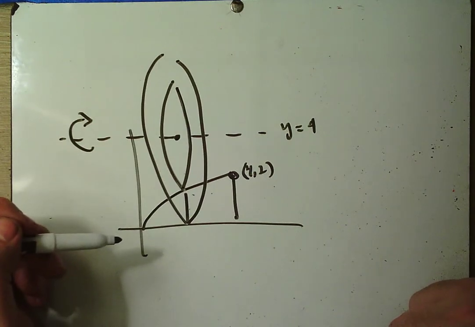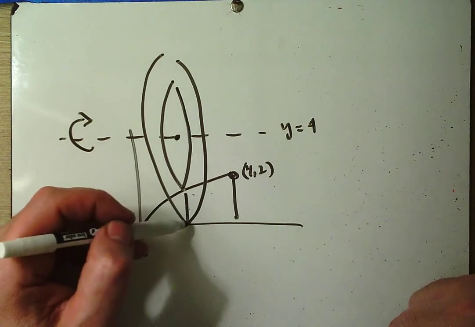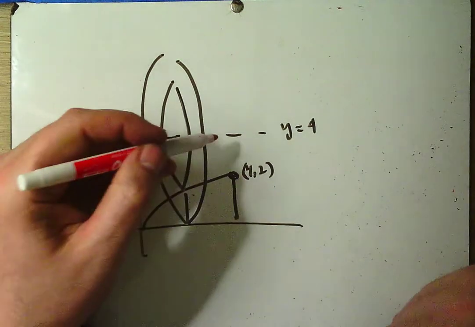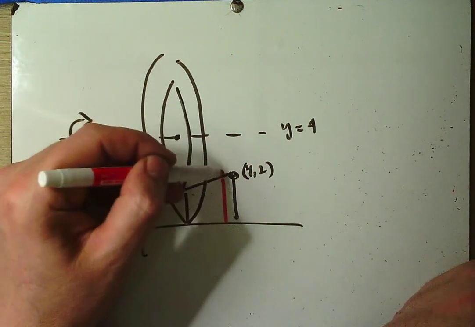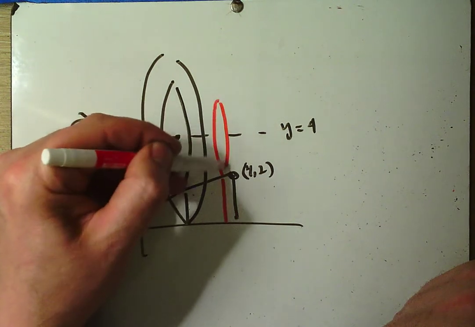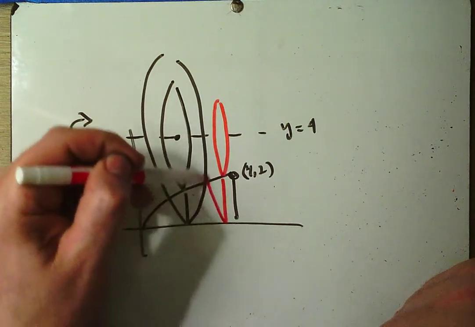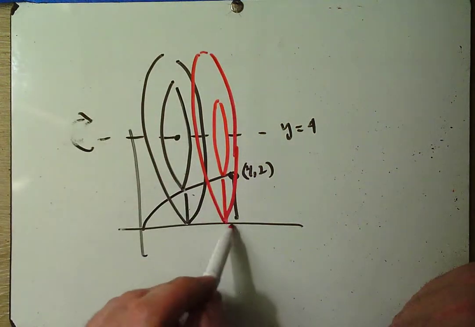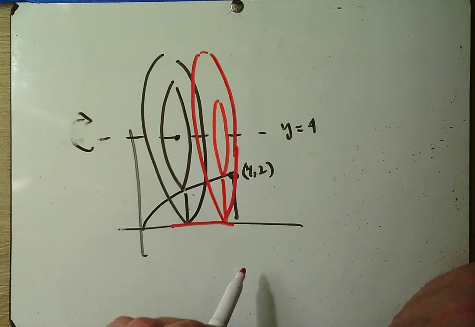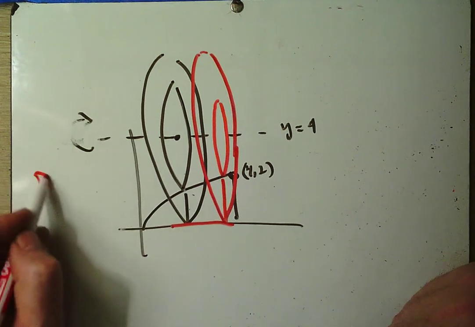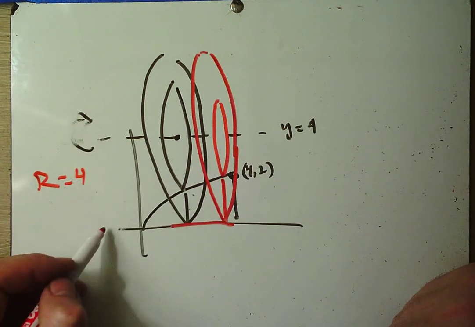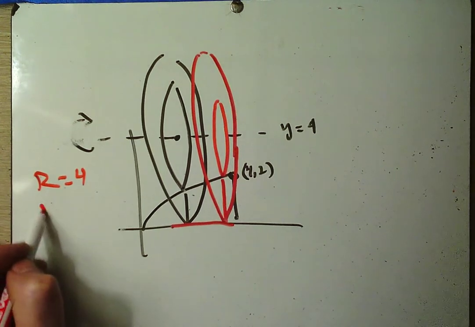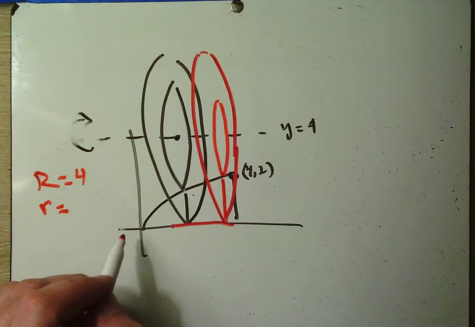So, what can we say here? Well, again, like we saw in the last problem, my big R is constant. It's not changing. Big R equals 4. Okay? Now, what about little r? Well, little r isn't the same as it was.